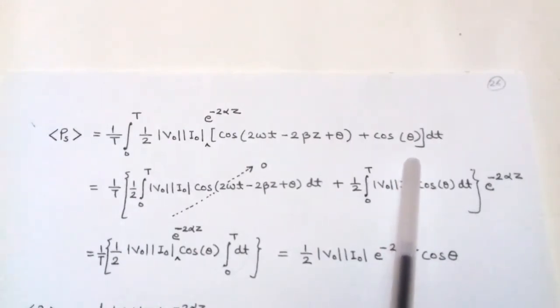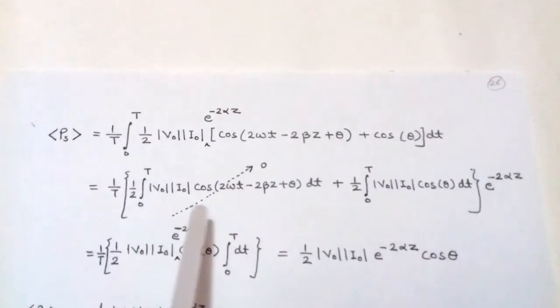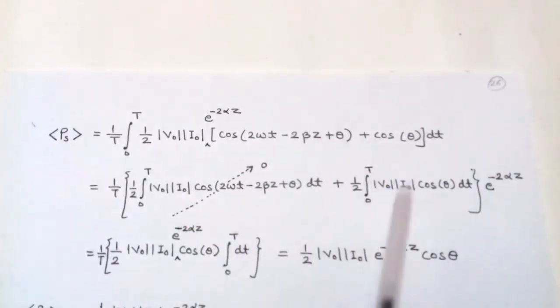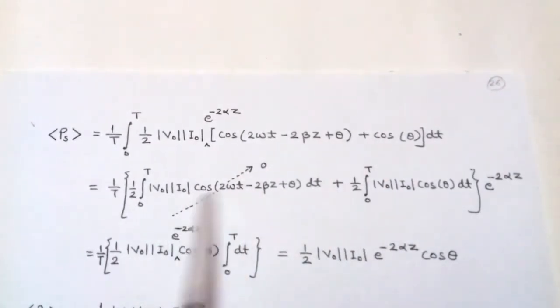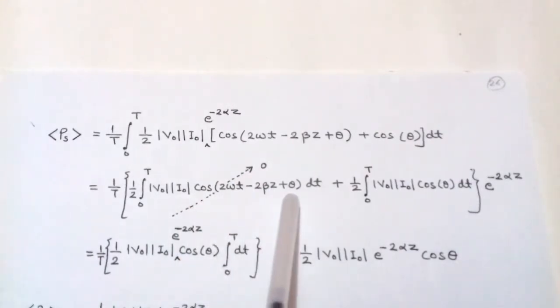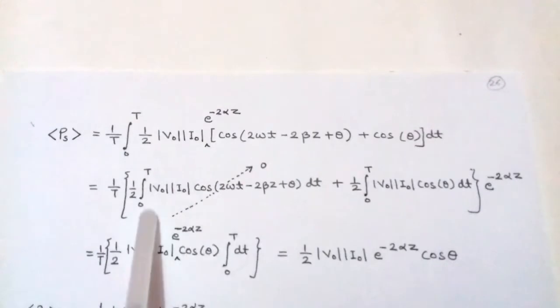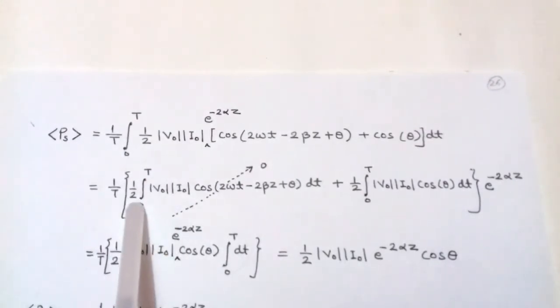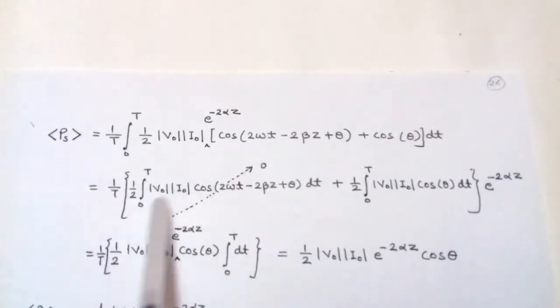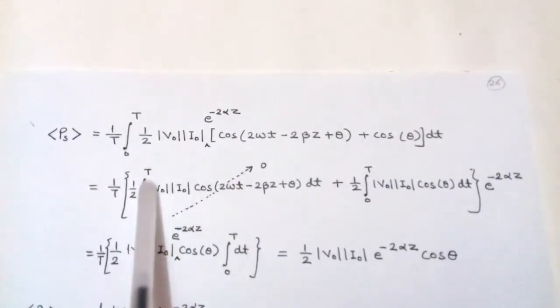So we open the bracket and take the two terms. In the first term there is cos(2 omega t minus 2 beta z plus theta), and we have to integrate this over a period of time T. We know that when we integrate a cos term over a period of time, its value is 0.